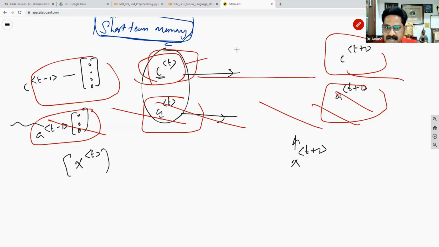In the GRU, we use the C of t itself as a long-term as well as a short-term memory, in a dynamic fashion. But the LSTM unit says there is no need to use the same scaling factor to operate the current and long-term memory. Better to use a different gating mechanism for A of t. So any application in LSTM, many to many and so on, you can easily put into any of these three categories.